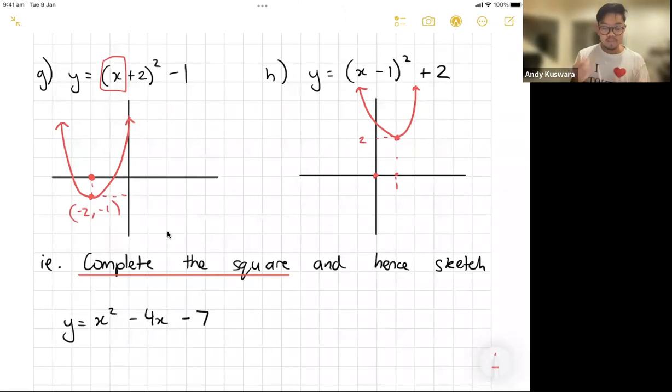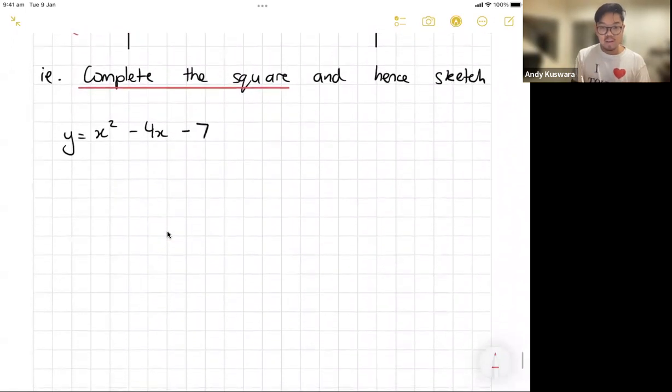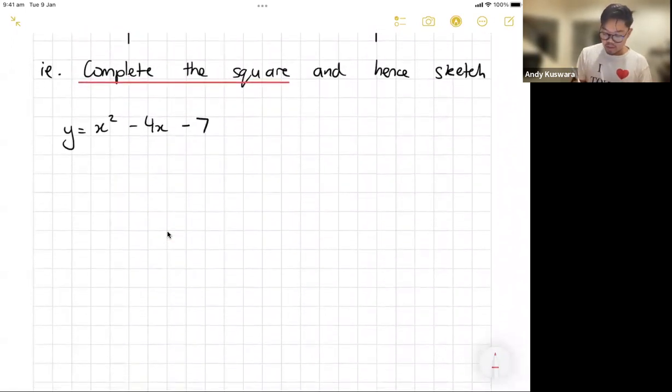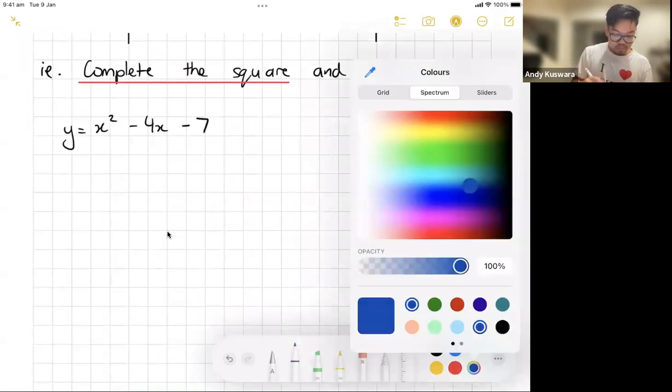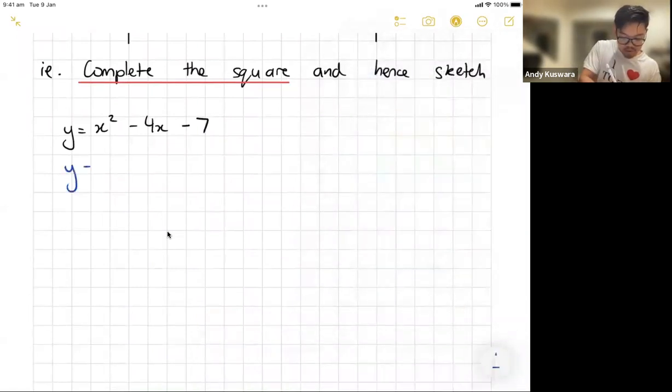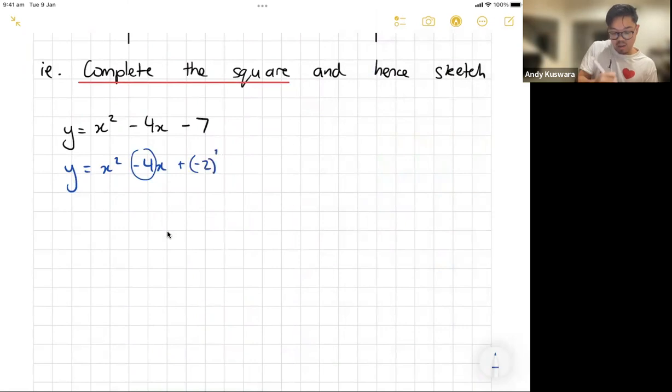Now, sometimes they'll ask you to complete the square and hence sketch. So let's do this process here. First things first, I'm going to have y equals x squared minus 4x. To complete the square, I'm going to add half of that thing squared, and I'm going to have that minus 7 out at the end. If I add 4, I also need to subtract the 4 to offset it.